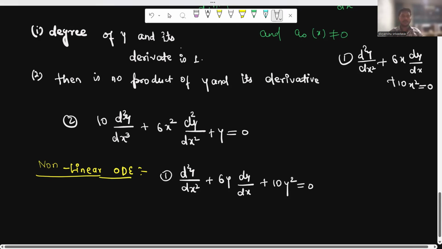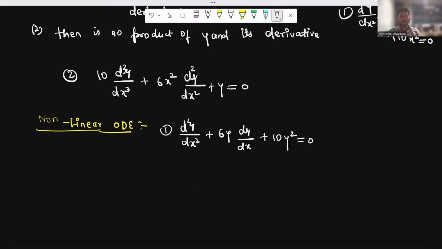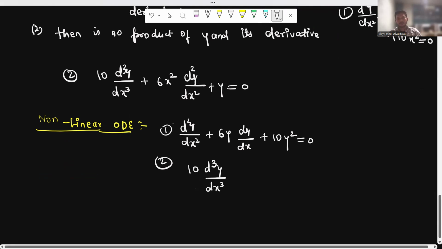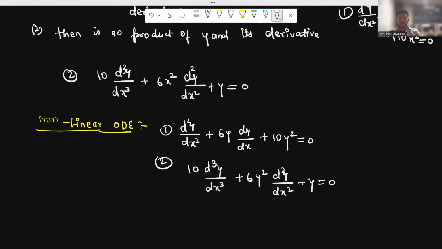This is a nonlinear differential equation. And one more example: 10 d^3y/dx^3 plus 6y^2 d2y/dx^2 plus y equal to 0. This is another kind of nonlinear differential equation.